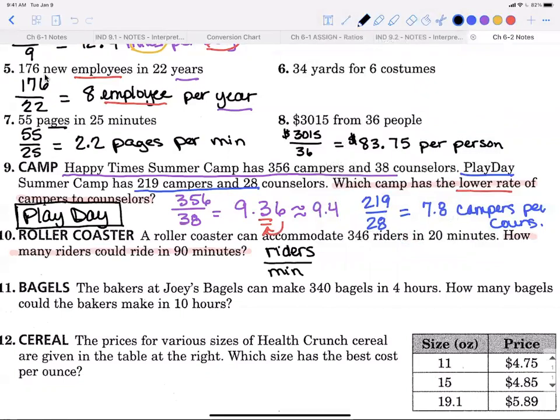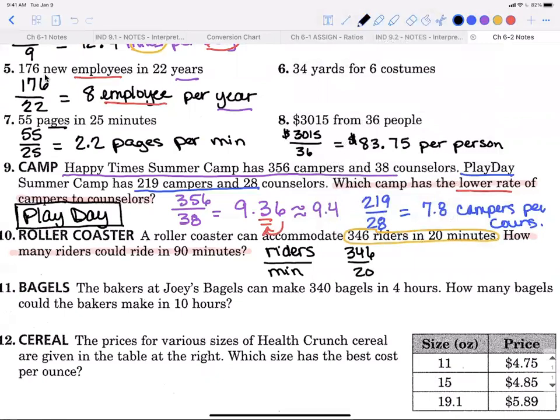Riders are always going to be on top, minutes always on bottom. The first group of information they give you, let me circle it in yellow, is the first ratio: 346 riders in 20 minutes. So my riders go on top, 346 in 20 minutes.